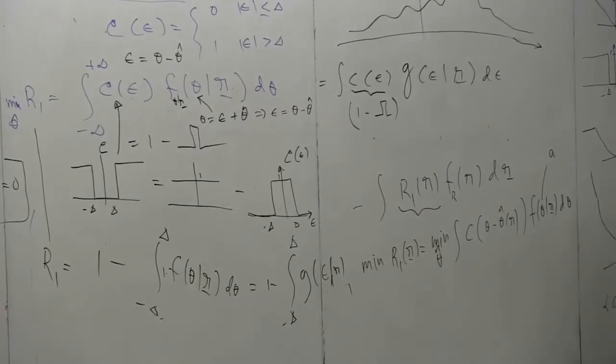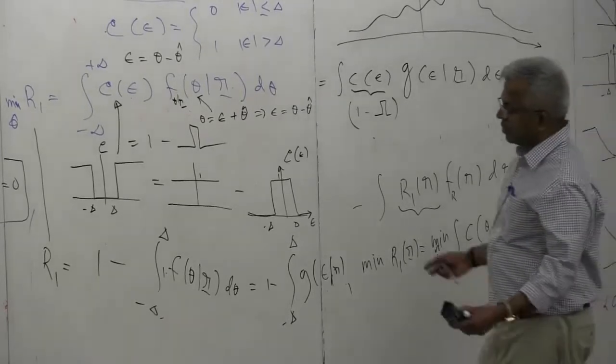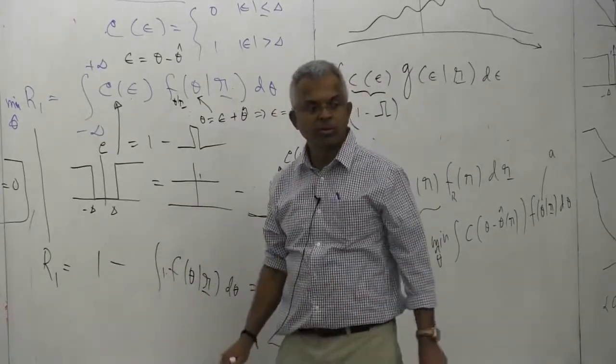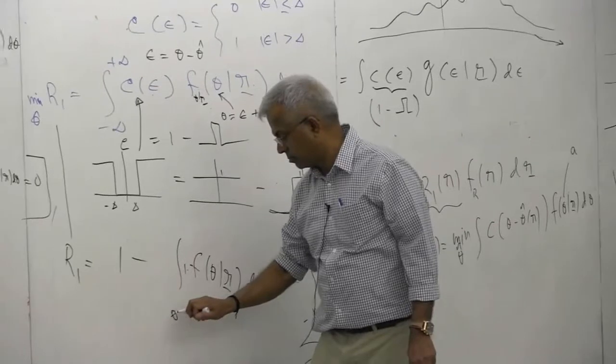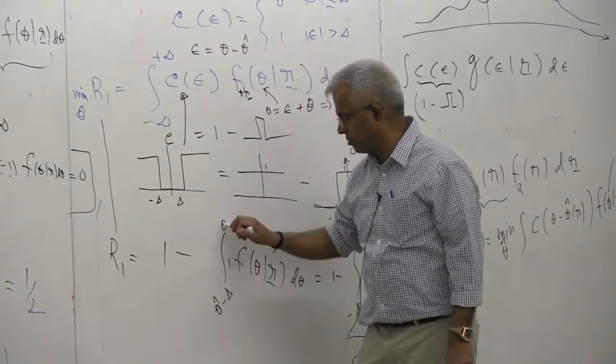So I think the easiest way is here, right? So this should be theta hat plus and minus delta. Yeah, that's good also. Either way is good.